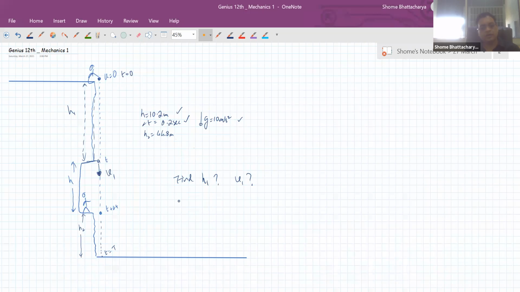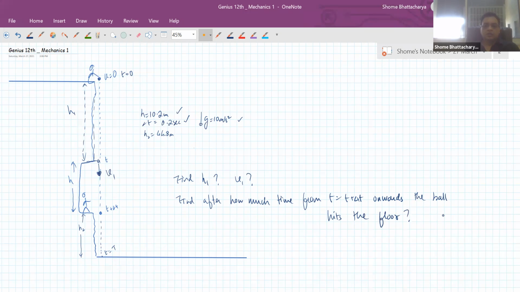And we also have to find, from t plus delta t onwards, that is after the ball has crossed this floor point, after how much further time the ball hits the floor.